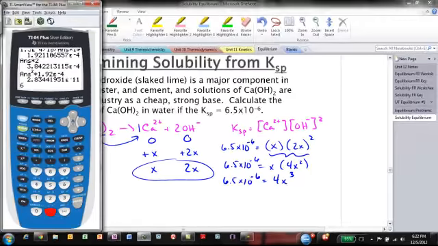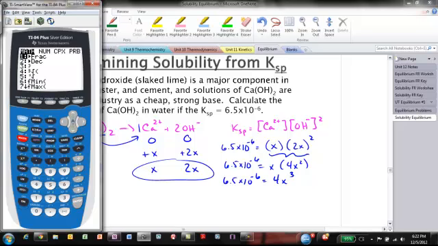If you take 6.5 times 10 to the negative 6, and you divide it by 4, and then you have to cube root it. So you've got to know how to cube root on your calculator. And on this calculator, if you go to the math menu, the fourth one down is the cube root. And then all you do is type in, all right, this is your answer.